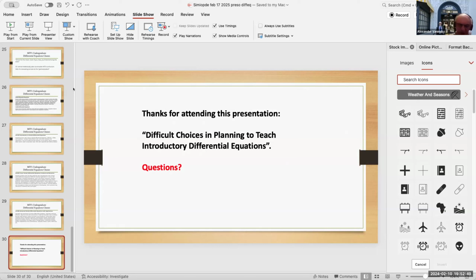How do you explain to them what you want to find? Y equals, say, square root of 4 minus x squared. Oh, I see.